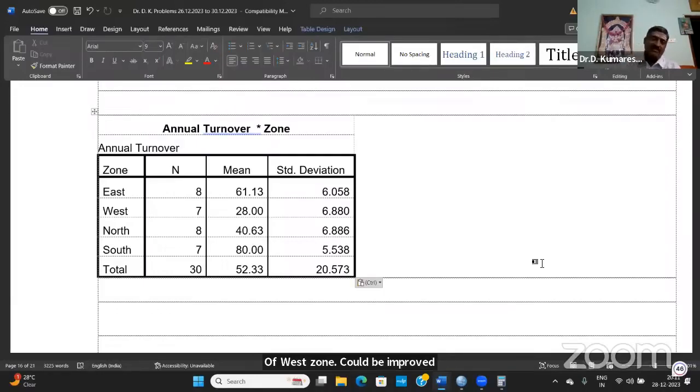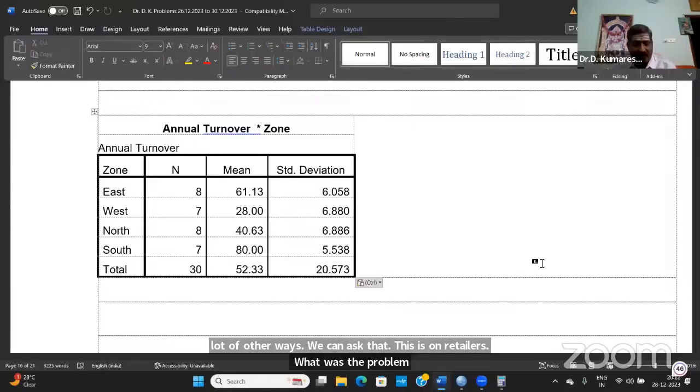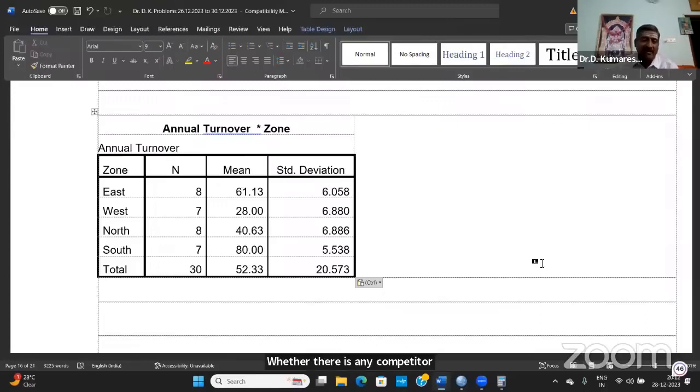Or otherwise, we can ask the West Zone retailers what the problem was, whether there is any competitor, or whether there is any dissatisfaction among our customers in the West Zone. So there is scope for further research.